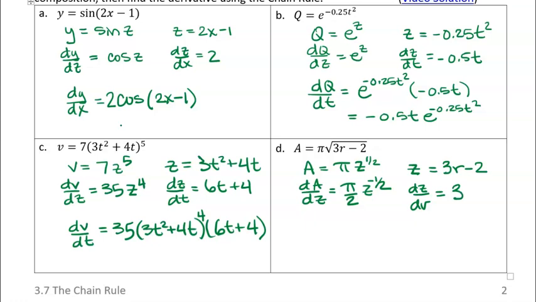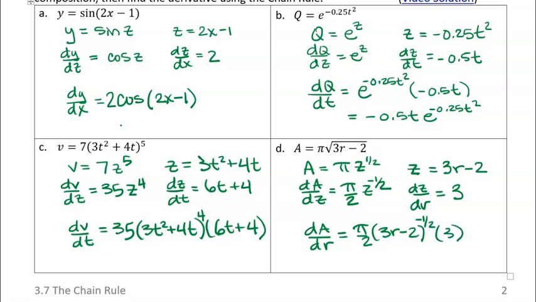Now I'm going to write dA/dr. The derivative of A with respect to r is just going to be the product of these two. So I'm going to have pi over 2 times z to the negative 1/2 power, so 3r minus 2 to the minus 1/2 power, and then all of that times 3.